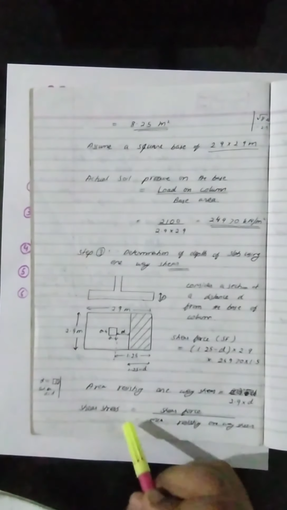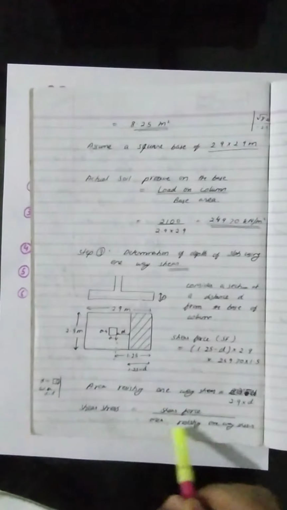Area resisting one-way shear is equal to this portion. This is 2.9, then 2.9 into d. d will be this distance. Then shear stress will be equal to shear force divided by area resisting one-way shear.